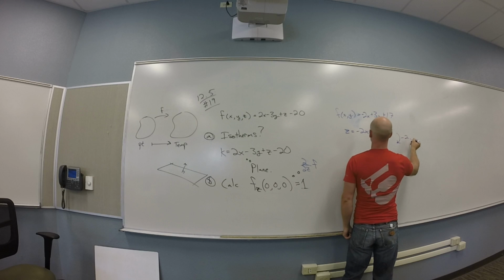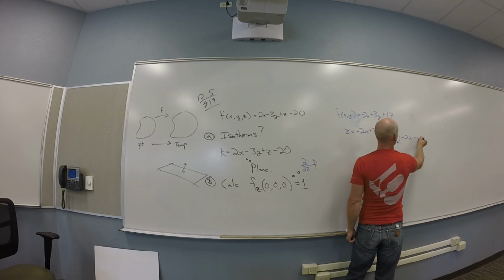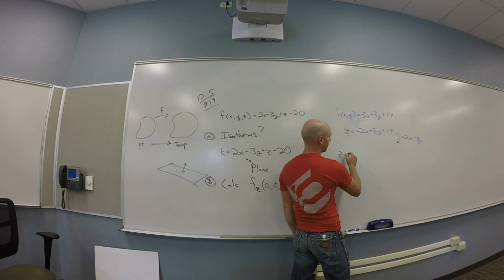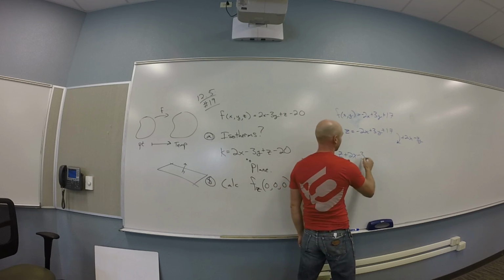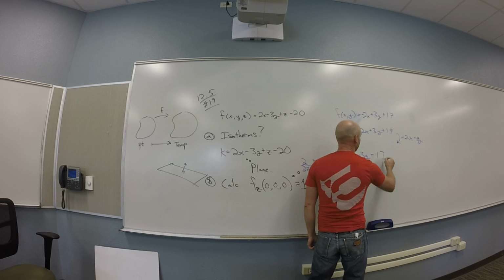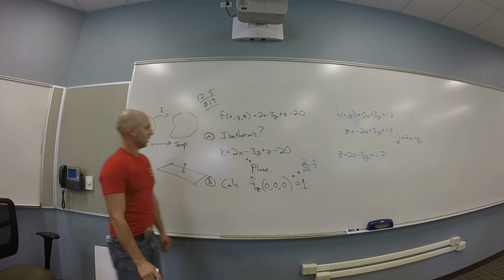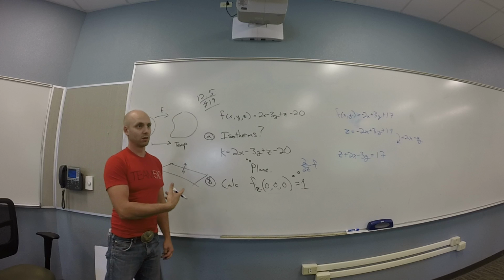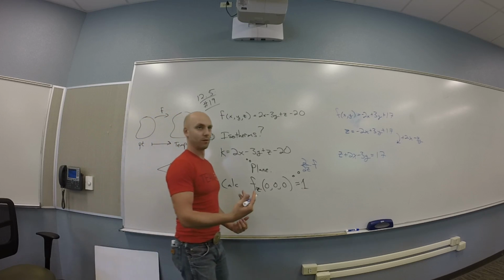Okay, so I'm going to add 2x and subtract 3y from both sides. So that's going to get me z plus 2x minus 3y is 17, right? And then what else do you need? Oh crap, you need a minus 20 on that side, right? So how do you get a minus 20 over there?